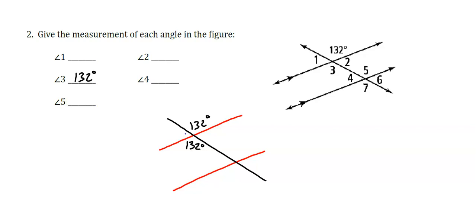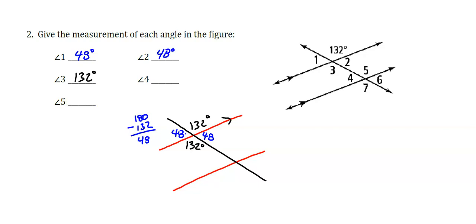I can use a linear pair to get this one. If I subtract 180 minus 132, that leaves me 48. So then I can vertical angle this way. So that gives me 1 and 2. So I have a 48 and I have a 48. Now we just have to copy and paste down to the bottom.